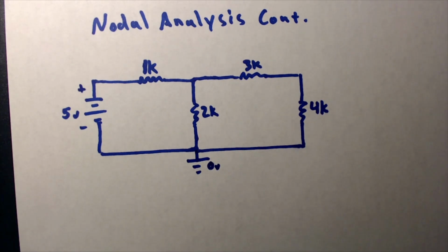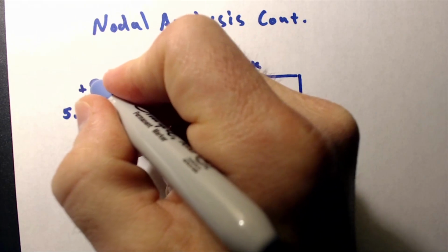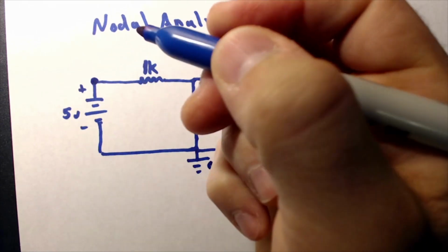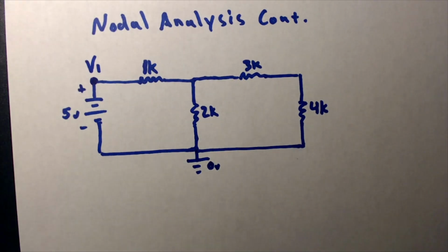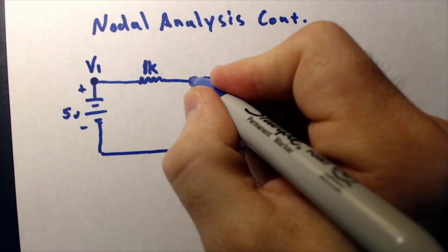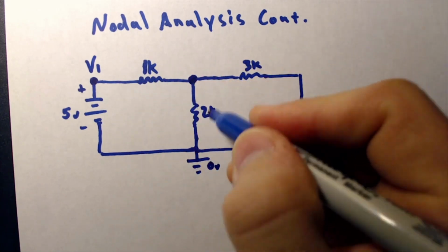Step 2, we're going to assign all non-reference node voltages. So every point on this circuit that is a different voltage than this reference node. Over here, definitely, I have a different voltage, so I'll label this as V1. Also, over here, I definitely have a voltage drop across this 1K, this 2K, and this 3K.